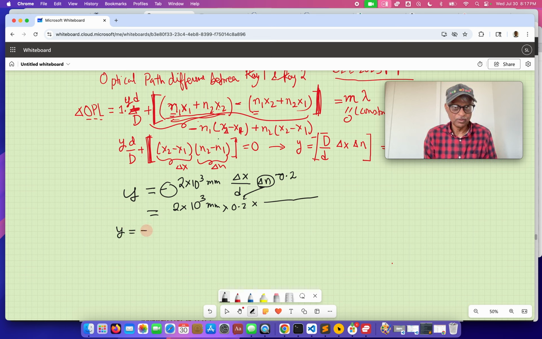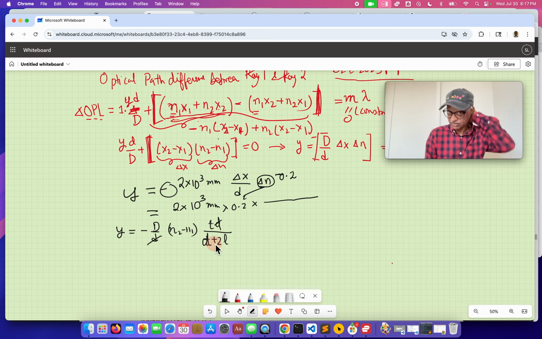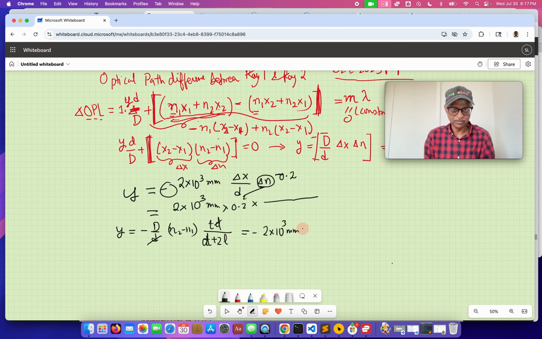Y equals minus d over D times (n2 minus n1) times tD over D plus 2L. Of course, D is cancelled out, so I don't use it. These will be put in the same units. So minus 2 times 10 to the 3 millimeter times minus 0.2 times thickness.